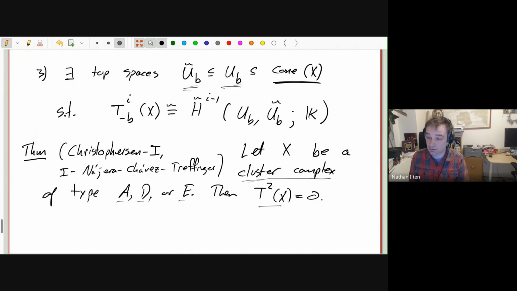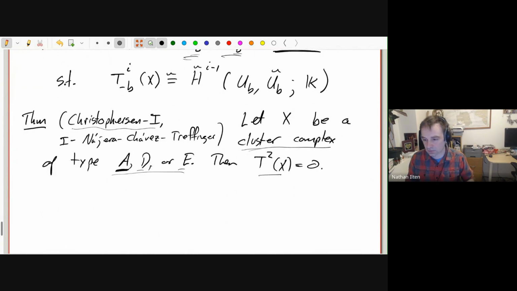And the way we do it is really by using this topological interpretation of cotangent cohomology coming from Altmann and Christophersen. I should say the type A case is the case that was due to Christophersen and myself. And then with Nájera Chávez and Treffinger, we give sort of a unified proof that works in all simply laced cases.